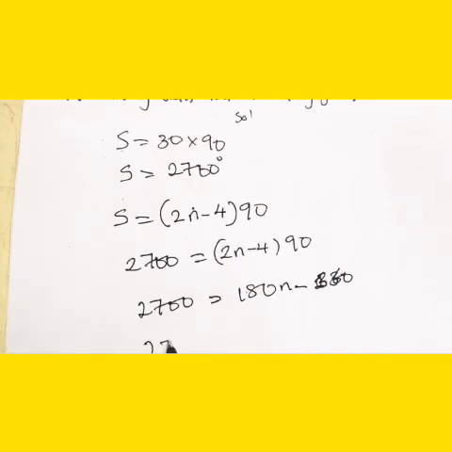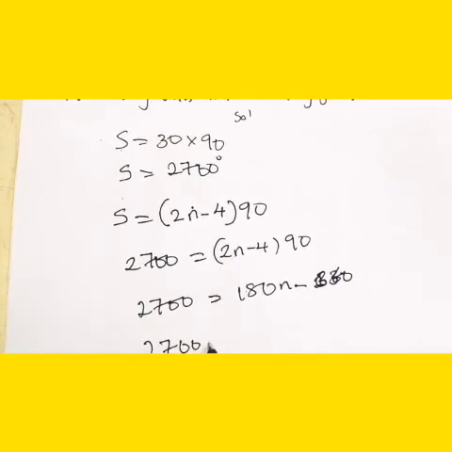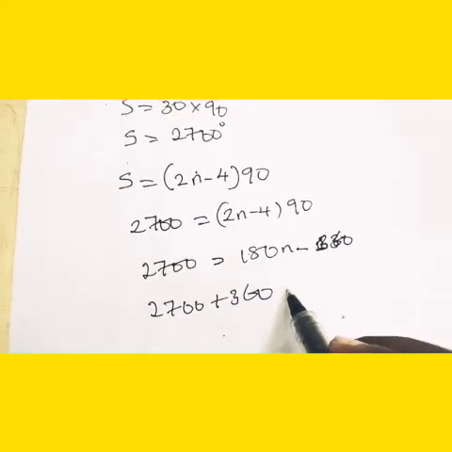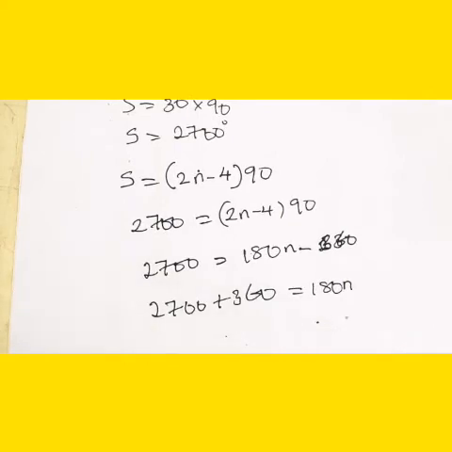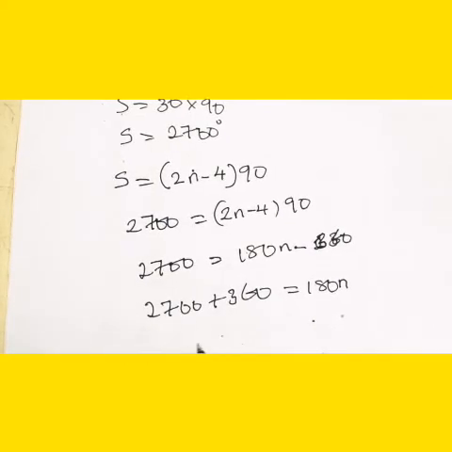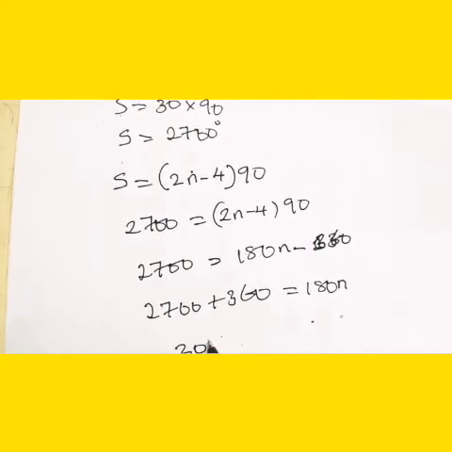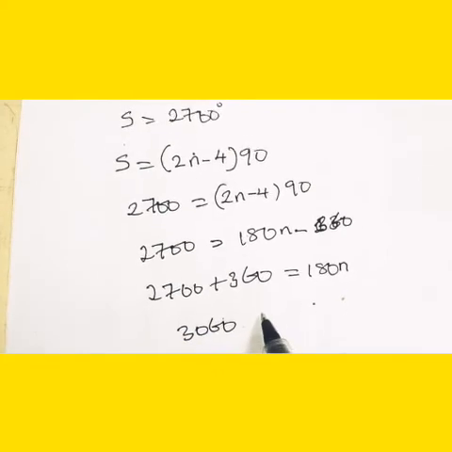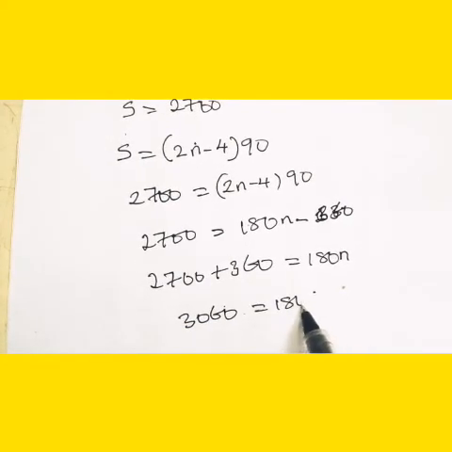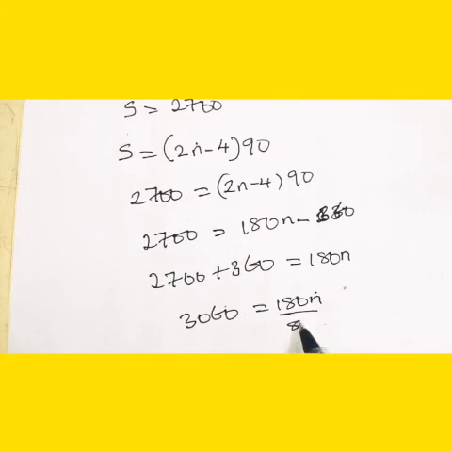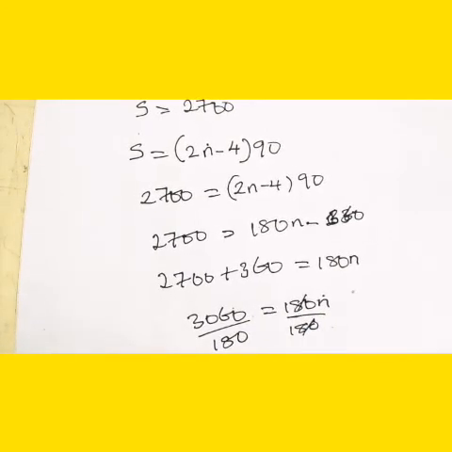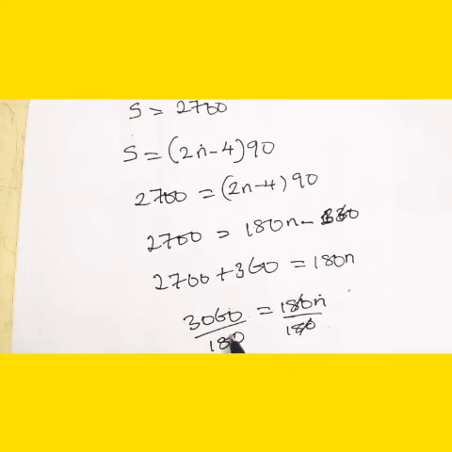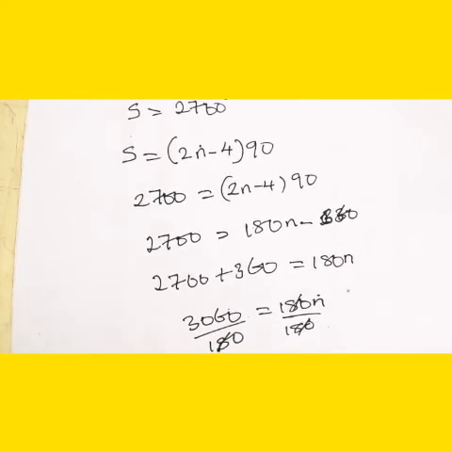Collecting like terms, 2700 plus 360 equals 180n, so 3060 equals 180n. Dividing both sides by 180, n equals 17.